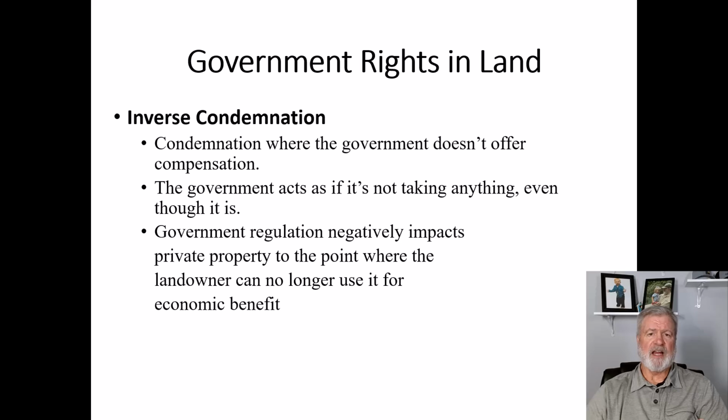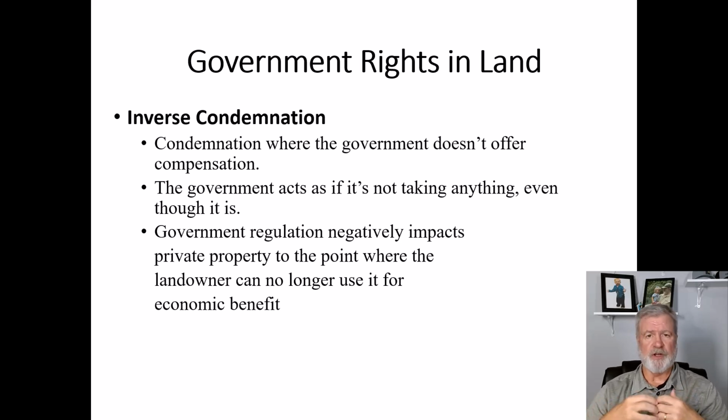But then kind of in line with eminent domain is something called inverse condemnation. Now, remember we said condemnation, same as eminent domain. So that's what we're talking about here. But there's a term called inverse condemnation. And basically what has happened is, the state or the government has done something, even though they have not taken any of your property.